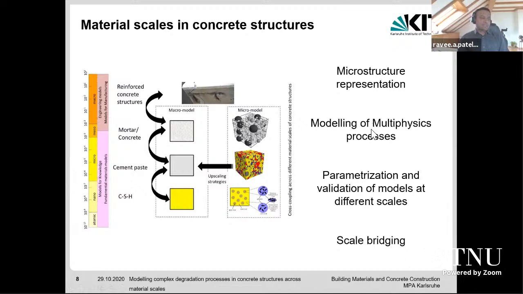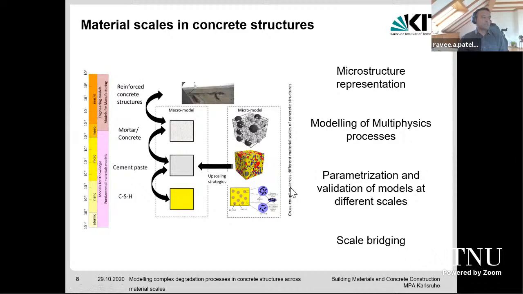After we have these two categories sorted, then it comes to what we are producing from the models. That is validation of models, parameterization of models. And a final challenge which remains is how to link such a hierarchical structure in one modeling framework, that is, to bridge different scales. So these are the topics which I have tried to address in my research, and this is what I will give you a little bit of an overview about.